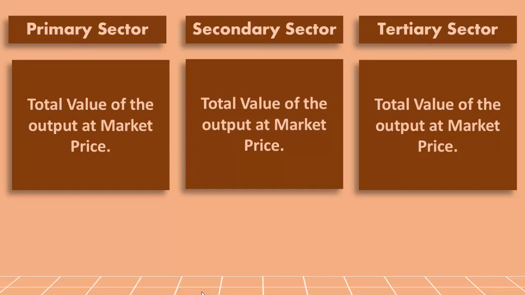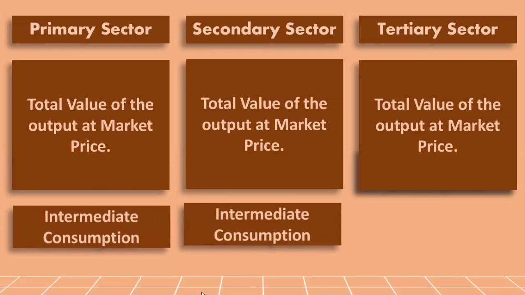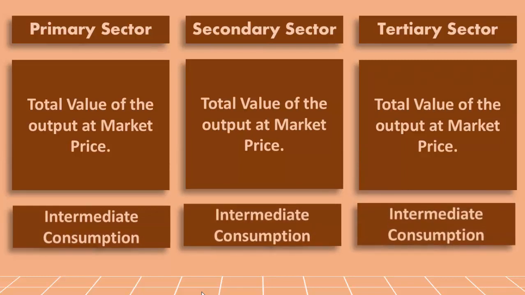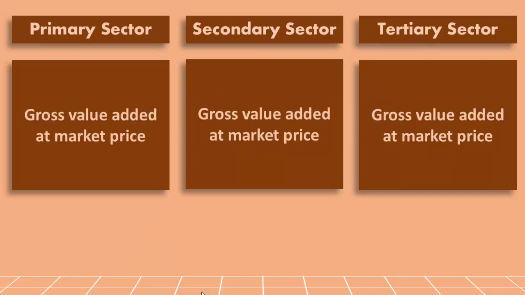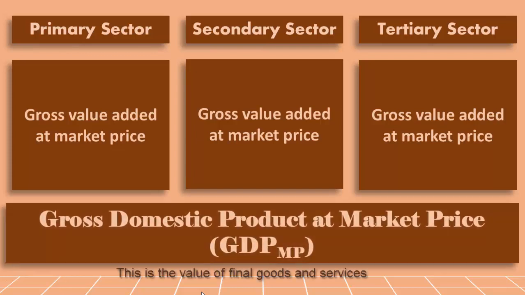For this, we have to deduct the intermediate consumption. The sum total of the gross value added by these three sectors is the gross domestic product at market price.